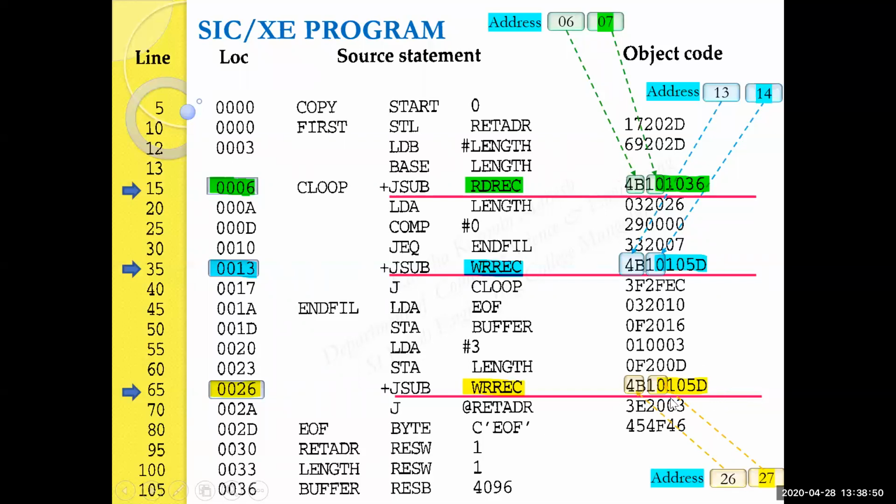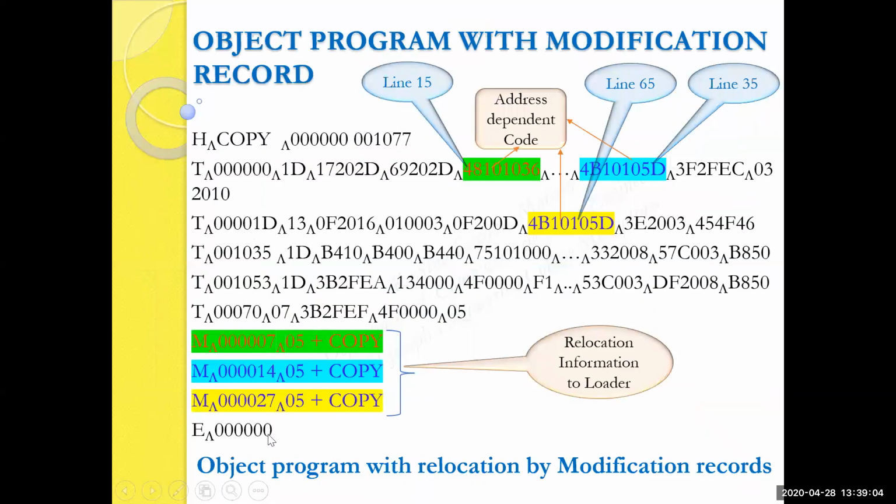Likewise, for the third instruction, for the field that starts at the address 27, add the actual value of copy, that is the address corresponding to the symbol copy. So now, having generated this object program wherein the portions requiring modification have been identified to the loader via modification record, we next need to see how such a relocatable program is processed by a relocating loader.